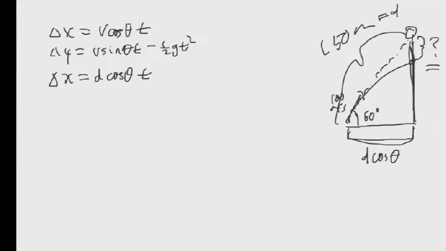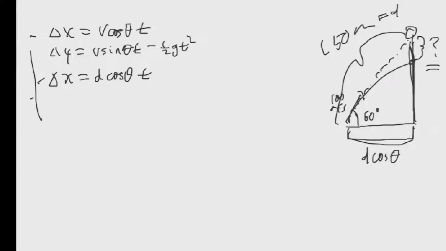All right, so it's been a few minutes. Let's just talk about this. What are our unknowns here? We have delta x, delta y, and t. So let's first eliminate one of them. Let's take these two equations because they look nicer.